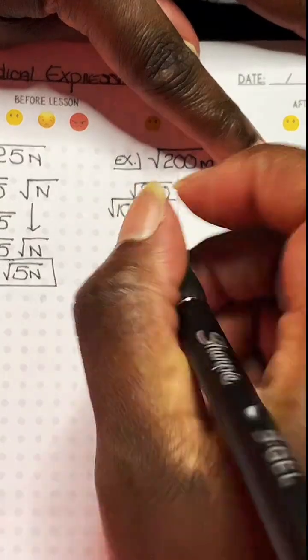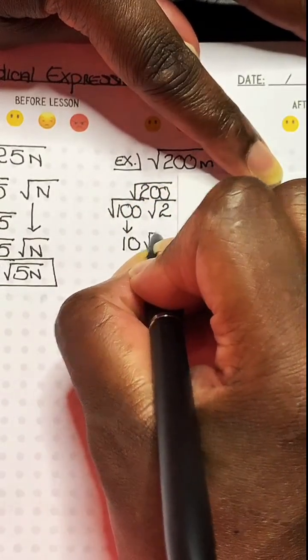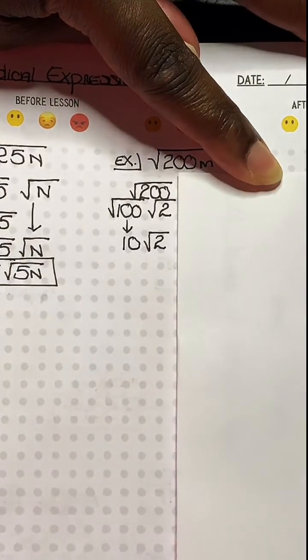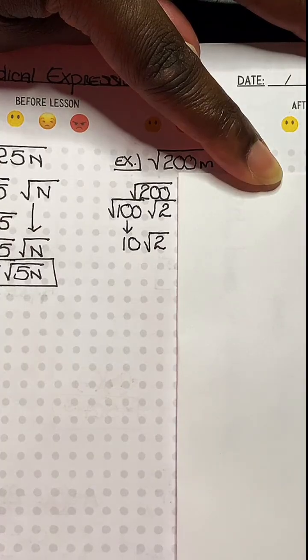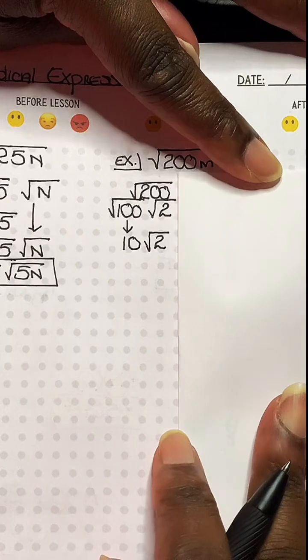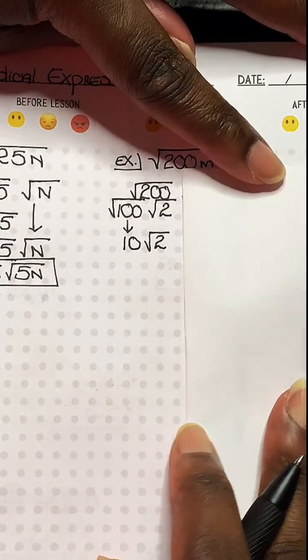Now, the square root of 2 just comes on down. Isn't that a lot easier than trying to break down 20 and break down 10 and then you got to multiply? There's too much stuff. I'm lazy. I like to get right to it. All right? So that takes care of our square root of 200.